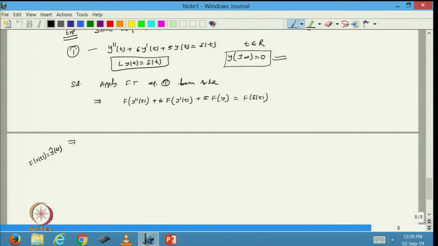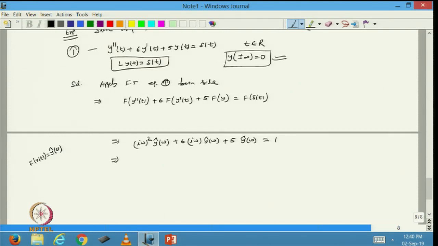So, from here I can write that this will be equal to (i omega) squared Y(omega), that we already know, plus 6 times i omega Y(omega) plus 5 times Y(omega) is equal to 1. That is the Fourier transformation of the delta function, so that is 1.